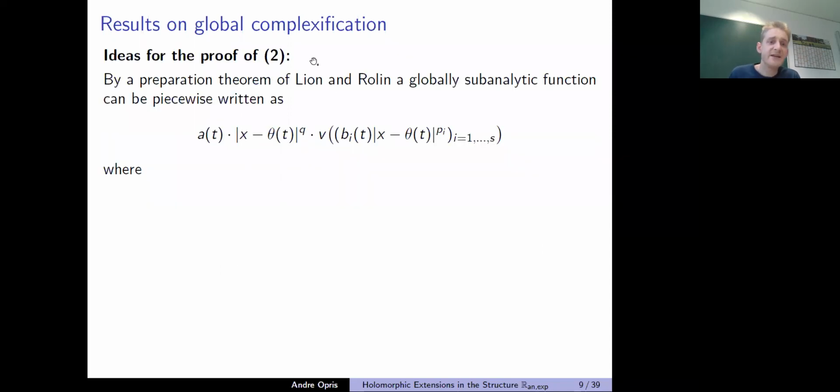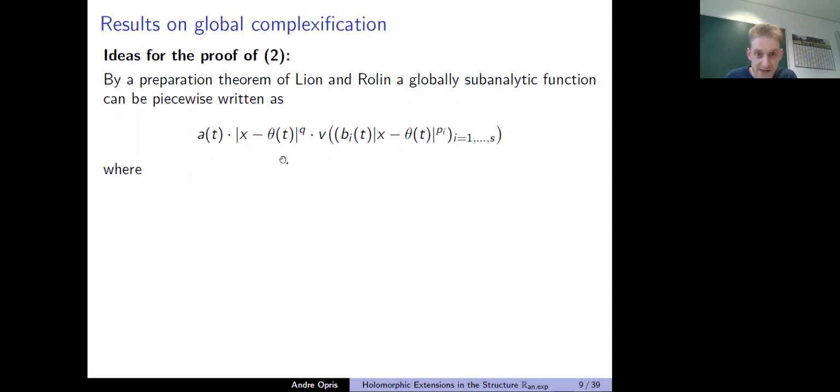So what is the idea for the proof of the second statement? We can write a globally subanalytic function piecewise in the following form. There are preparation theorems of Lion-Rolin for globally subanalytic functions. So take the domain of the globally subanalytic function, and then you find for this domain a definable cell decomposition such that on each of these cells we can write the function in this form, where the following holds.